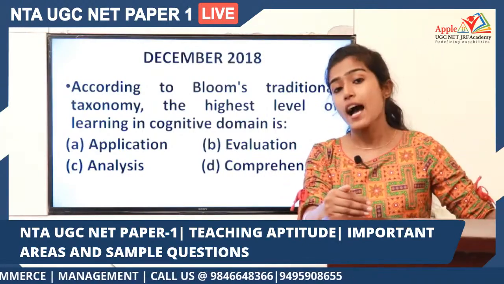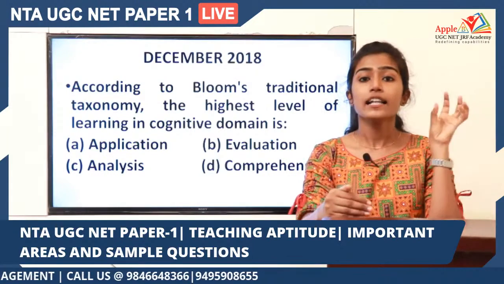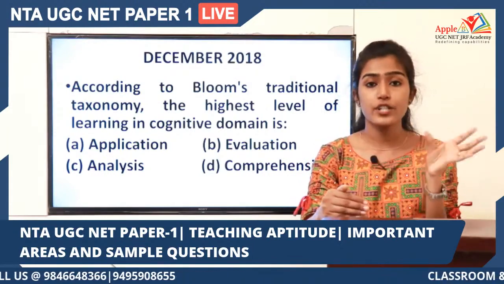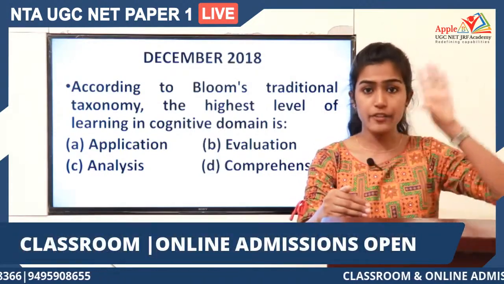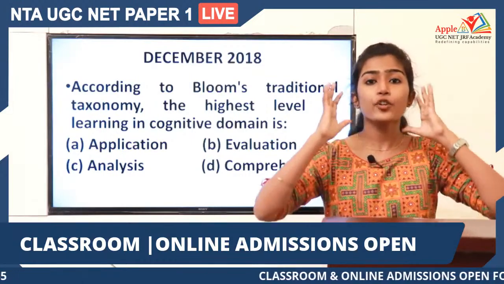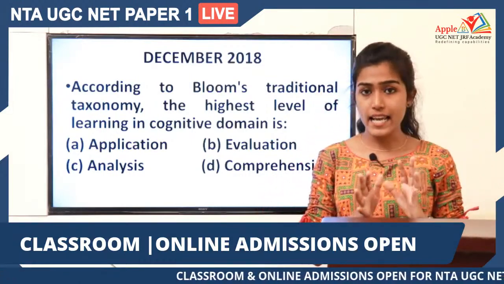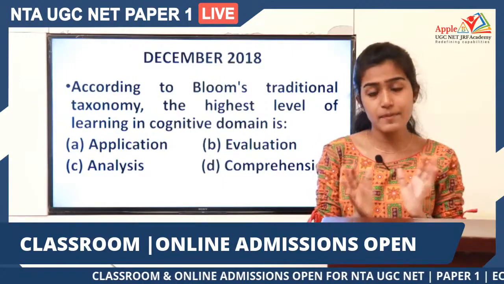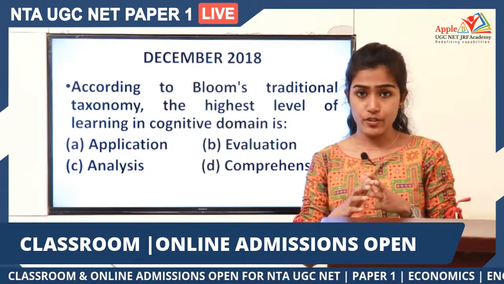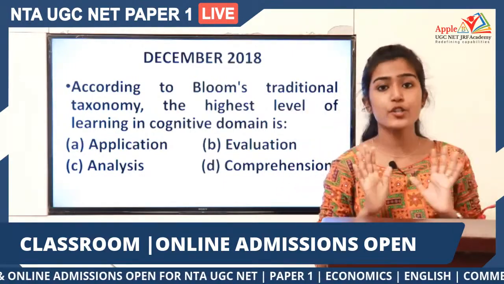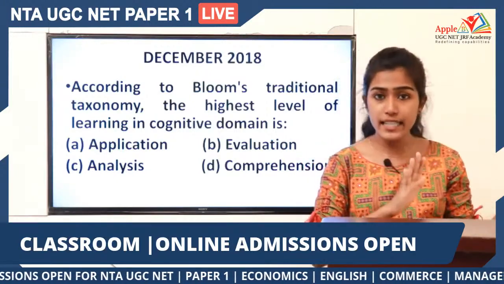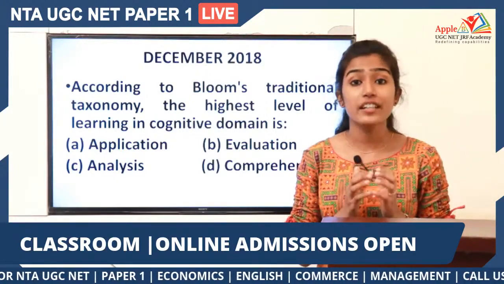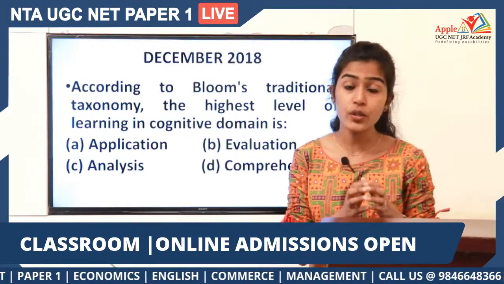And the question asks you to find out the levels of learning associated with the affective domain from the following. If you have just mugged up these concepts, then you will get confused, because all these 4 options, you know them, you have learned them somewhere, but you cannot figure out which is the right option to choose.